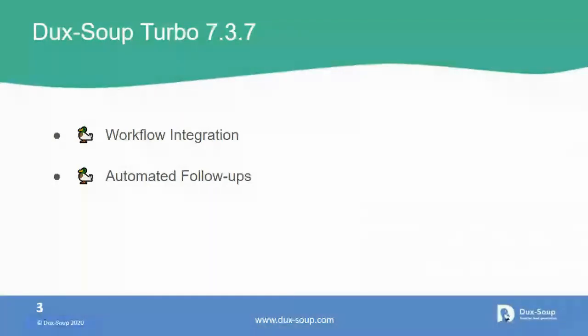So the two main items of functionality we think about when we're talking about the Turbo product, from a high level, are workflow integration and automated follow-ups. So what do we mean by these? By workflow integration, we mean giving you the ability to integrate your LinkedIn lead generation activities with whatever other systems you're using and automate the data flow between these systems.